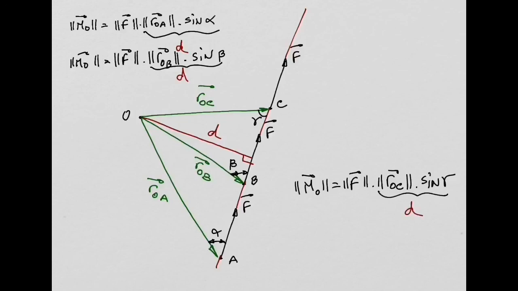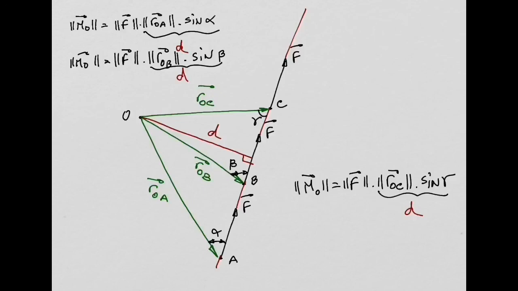Okay? So the conclusion is, it doesn't matter where I put my force F, if I put it at point A, B, or C, or any point D, E, F, whatever, as long as it is along this line in red, the norm of the moment about point O is always going to be equal to the norm of the force times the distance in the perpendicular direction to that line. Okay? This is especially convenient for 2D analysis.